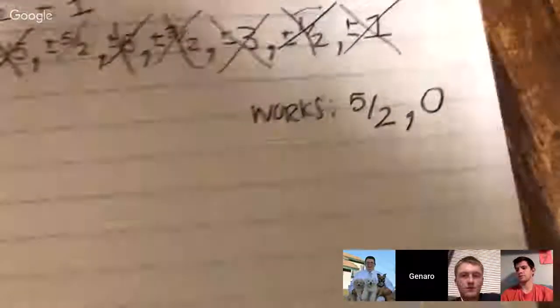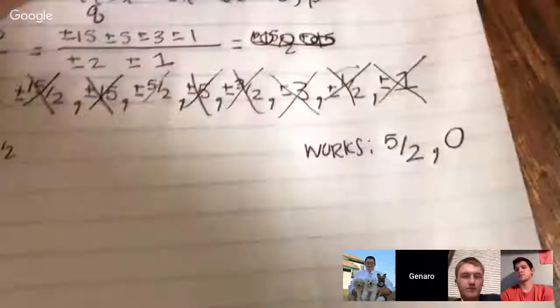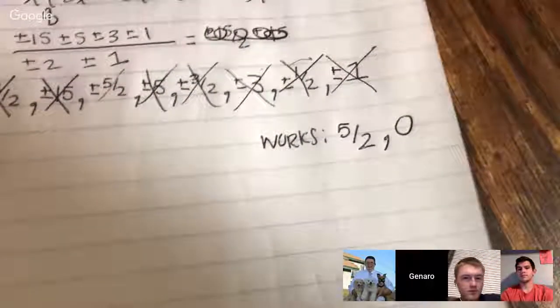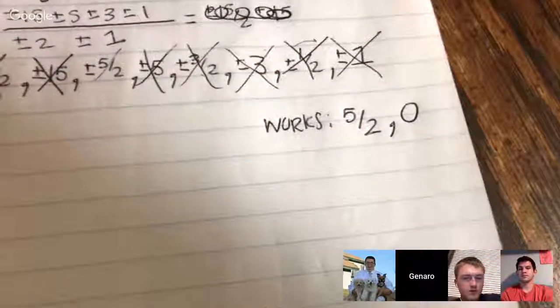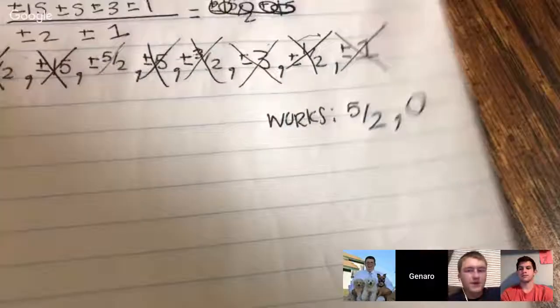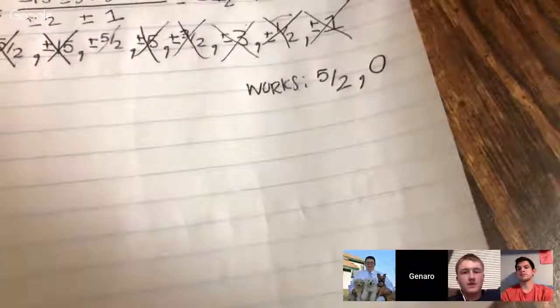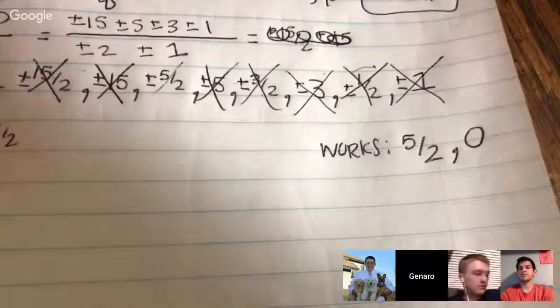So for A, it was factor out an x. A was just factor out an x and then find all real and imaginary zeros for the function. That's just 5 over 2 and 0.